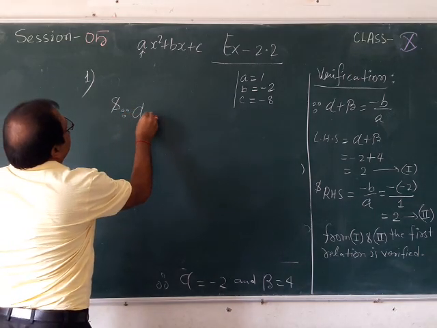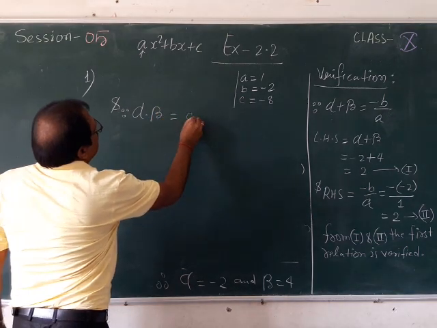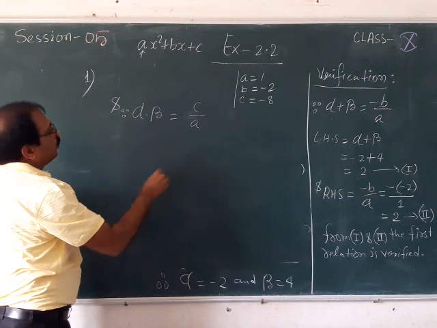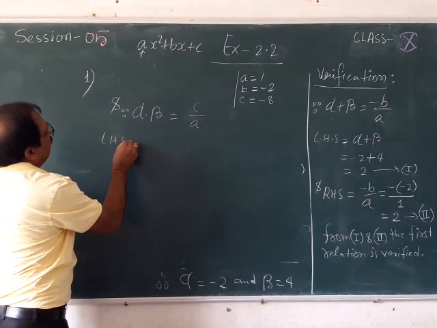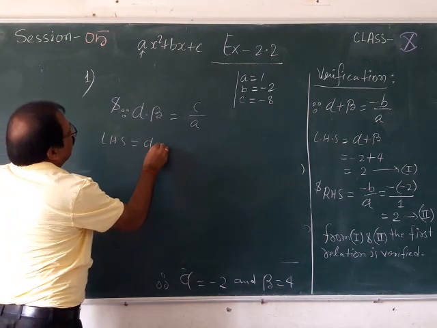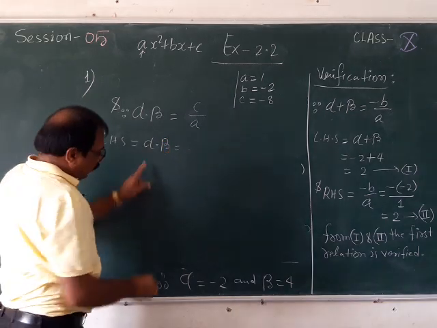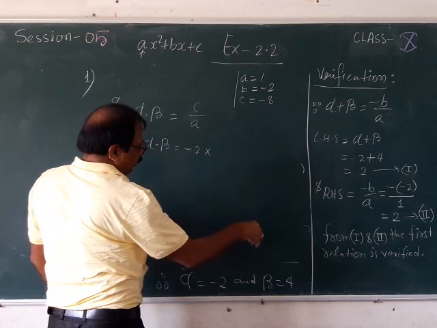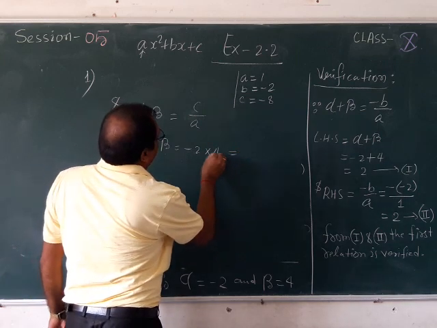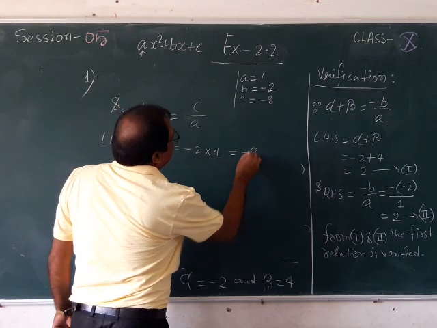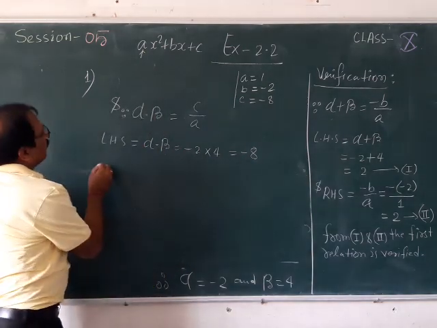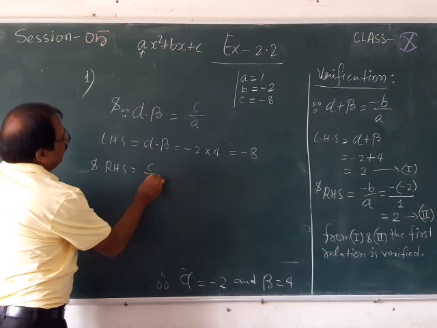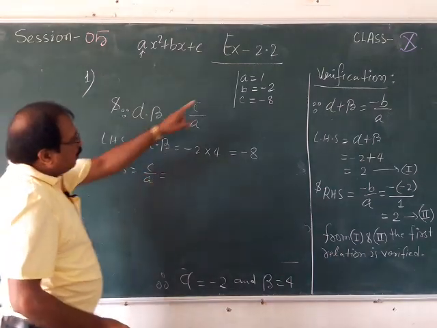Since we know that alpha into beta equal to c by a, I am writing LHS means alpha into beta. The value of alpha is minus 2 and the value of beta is 4. So 4 into minus 2 becomes minus 8.